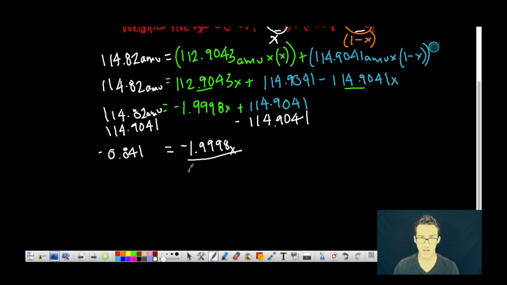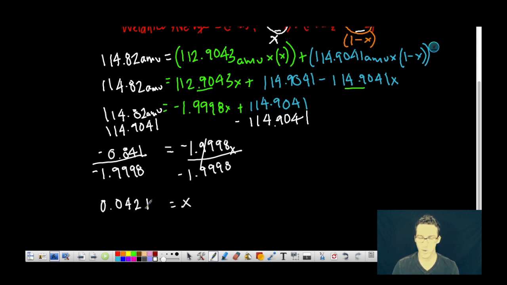Then we just divide each side by negative 1.9998. Therefore, x is equal to 0.0421.